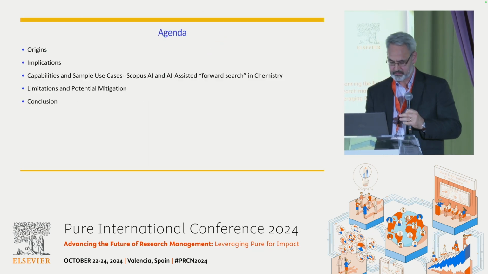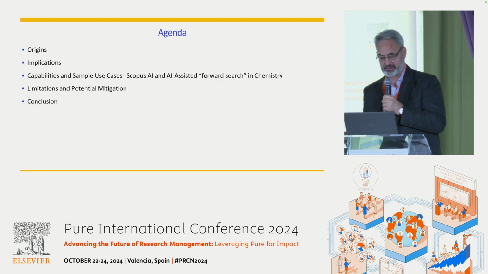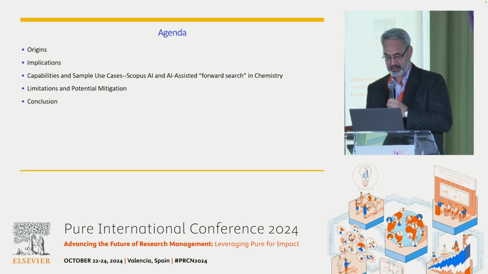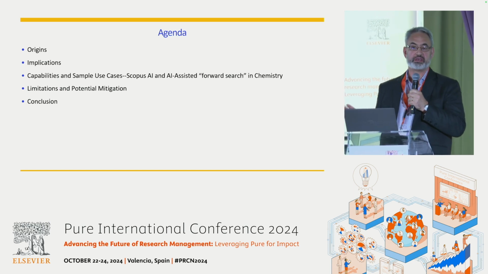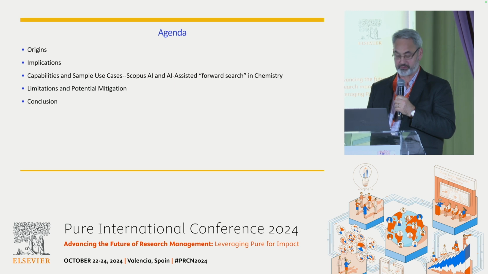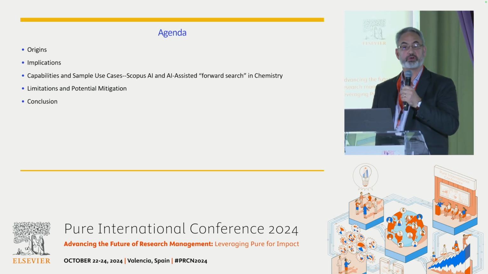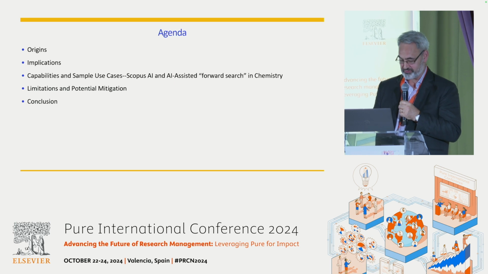I only have about 15 minutes, so I'm going to very quickly move through a streamlined agenda here. I want to first talk about a few of the key implications that are related to the rise in use of AI technologies. I'll try to give you a couple of examples of how these technologies are already being applied in the scholarly communication system and in scientific research more generally.